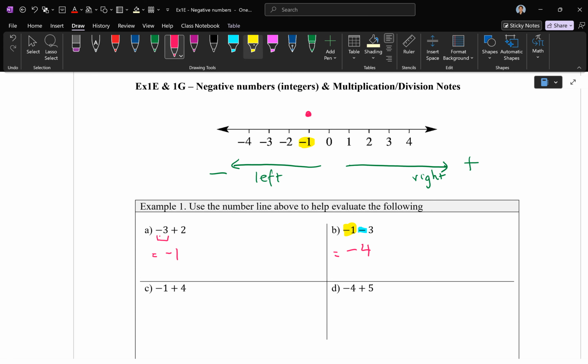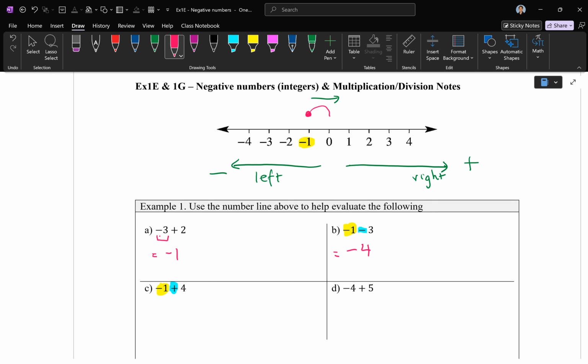In this example over here, this tells me I start at -1. So same spot again. But this time it says plus. Which direction am I going, Josh? Right, so this time I'm going to the right, but I'm going 4 units to the right. So looking up here, you can see 4 units. This is 1, so it only takes 1 unit to get back to 0.